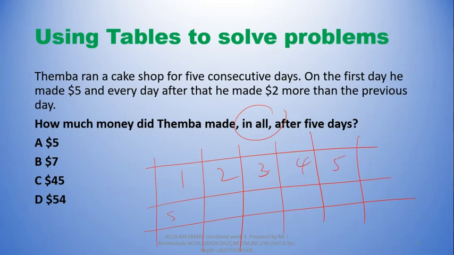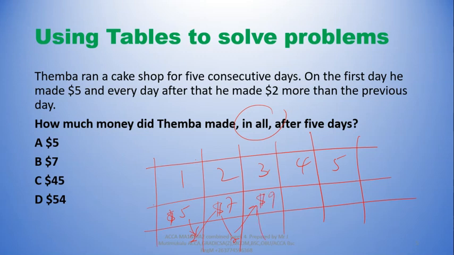On the first day, Temba made $5. Then on the second day, he made $2 more. So we are talking of $5, and $2 more is to be made. So 5 plus 2, we have our 7. And then $2 more. That means on the next day there was $9.